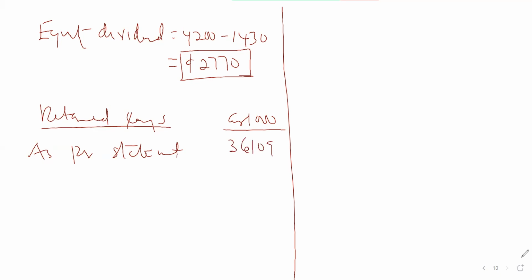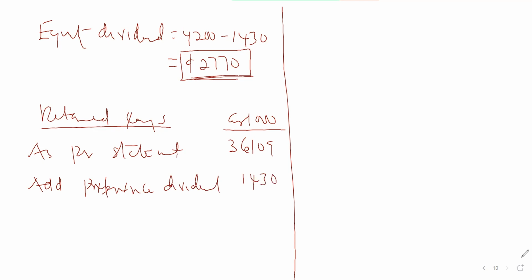You can see that the total dividend that they have subtracted was 4,200, but the dividend that should be subtracted is 2770. So what you have subtracted is the dividend in excess. So you go and add back the preference shares dividends, which are supposed not to be subtracted from this one. So you add your 1430 back to it.